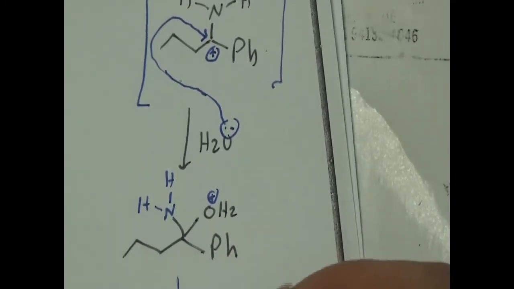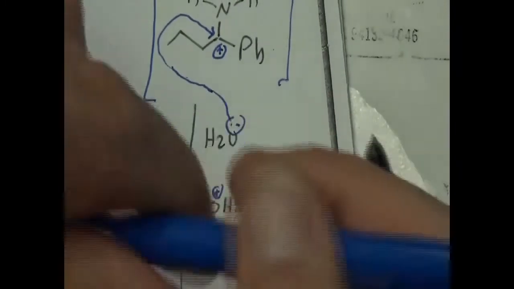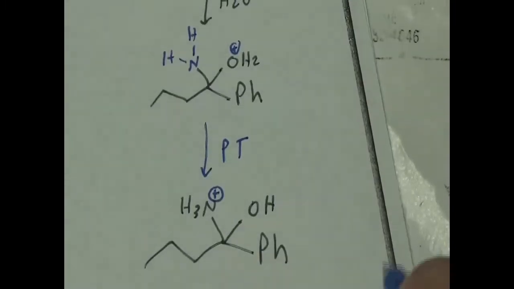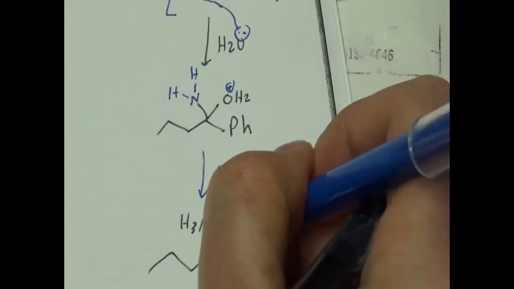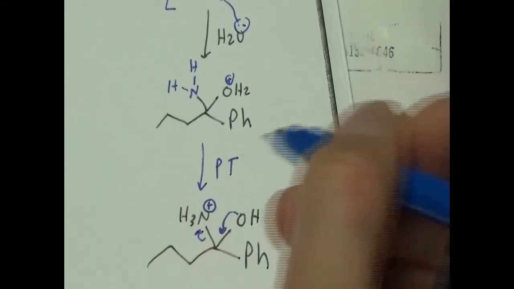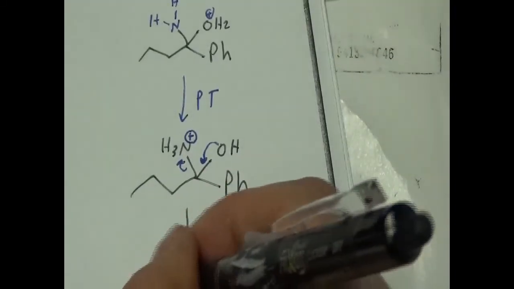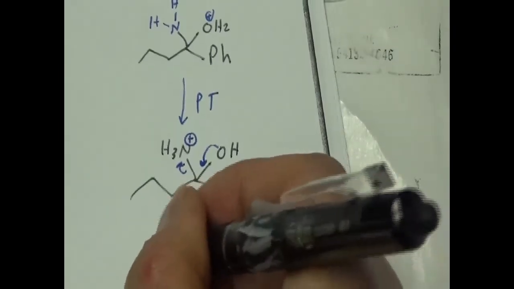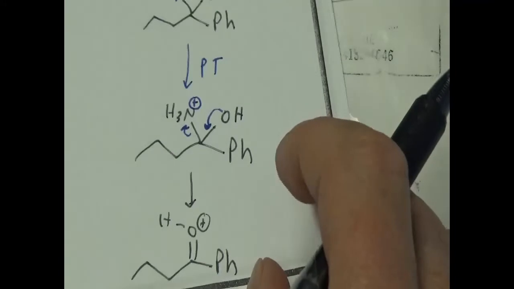Now we have OH and NH3 plus. Now oxygen kicks off nitrogen and you're basically done. And now we have a protonated ketone, right?